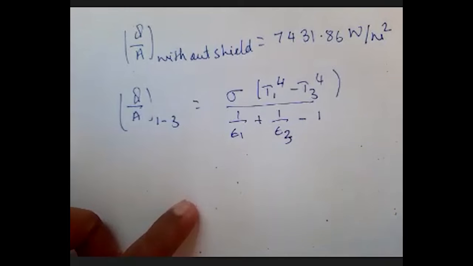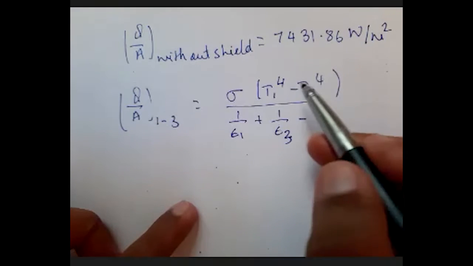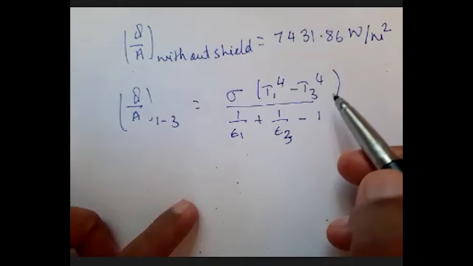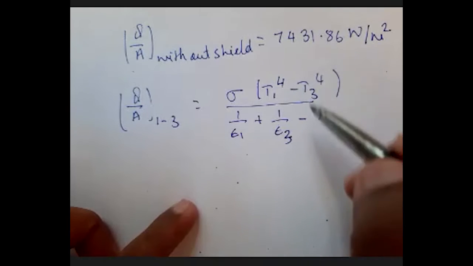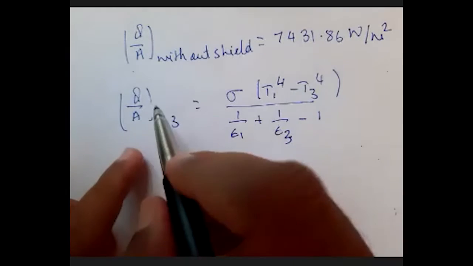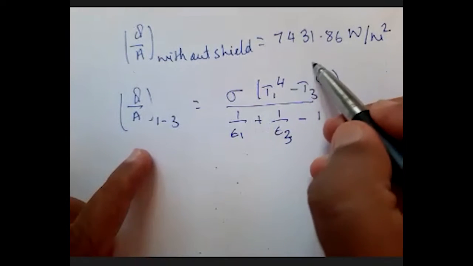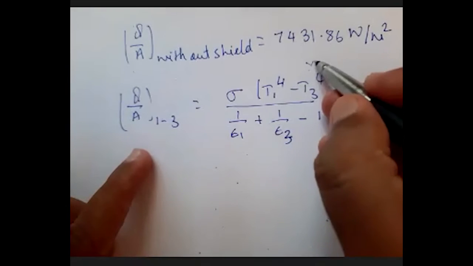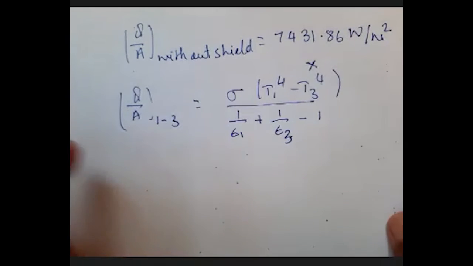And when I see this equation, I cannot find out the value of Q by A 1 to 3 because I don't know the temperature T3.